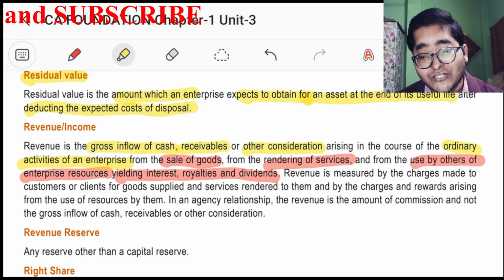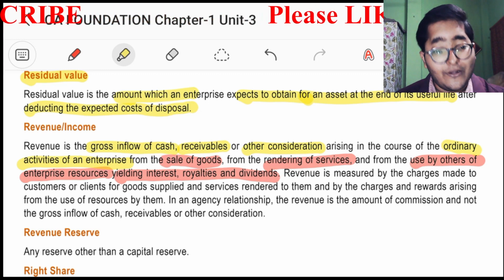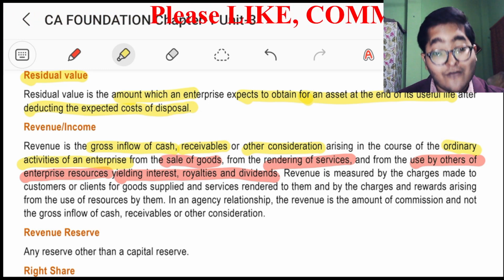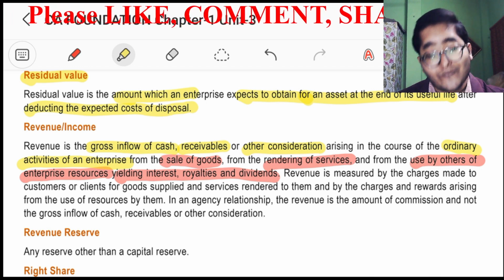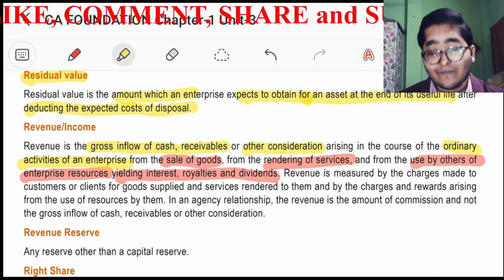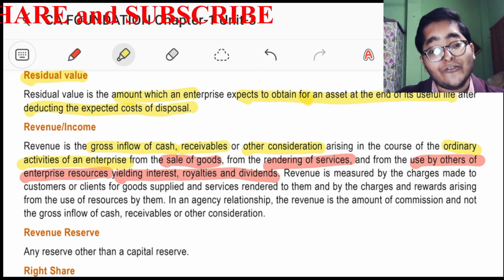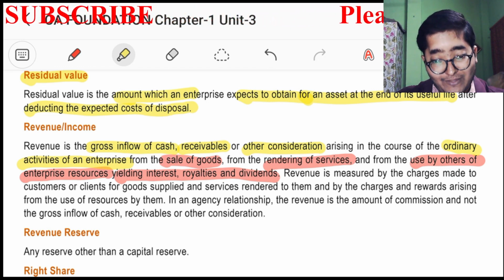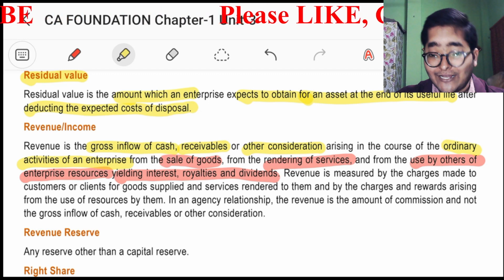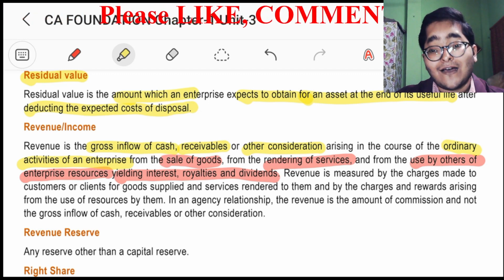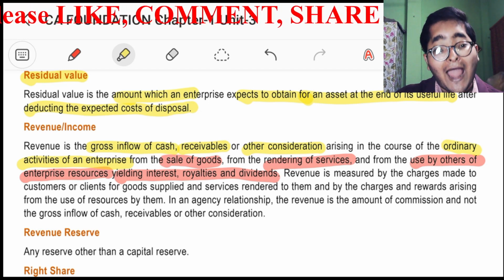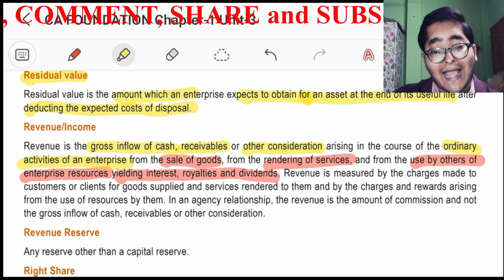Revenue is measured by charges made to customers or clients for goods supplied and services rendered to them, and by the charges and rewards arising from the use of resources by them. In an agency relationship, the revenue is the amount of commission and not the gross inflow of cash, receivables, and other consideration.